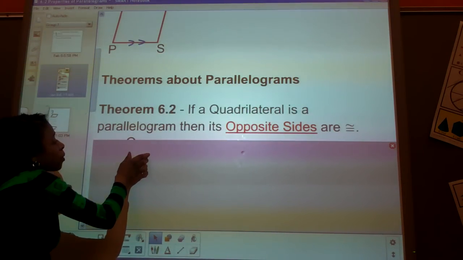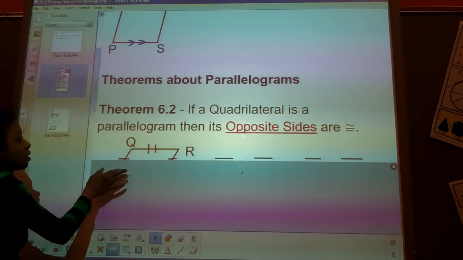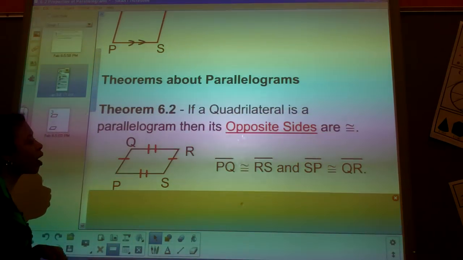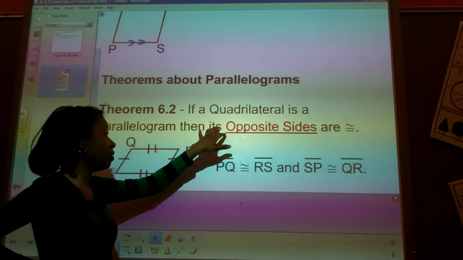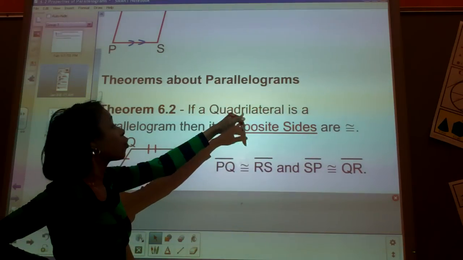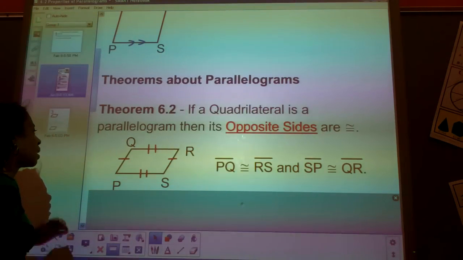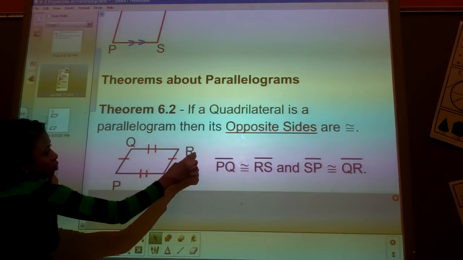Theorem 6.2. Remember, it's not important to know theorem numbers, but to know their names and their functions. Starting with 6.2, if a quadrilateral is a parallelogram, then its opposite sides are congruent. So what does that mean? Remember, QP is going to be parallel to RS.